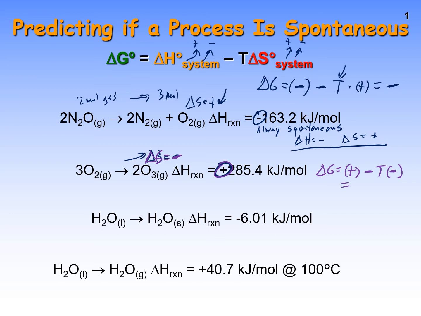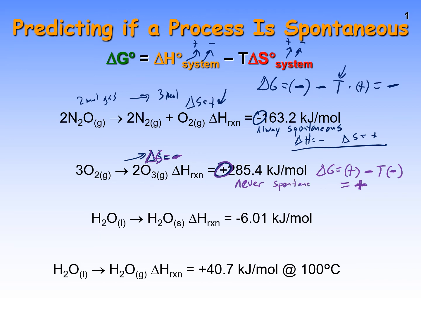If we look at this, it doesn't matter what temperature is, this equation is always going to spit out a positive value. And we know that when delta G is positive, our system is not spontaneous. So this is never going to be spontaneous at any temperature. Temperature is not going to matter here.